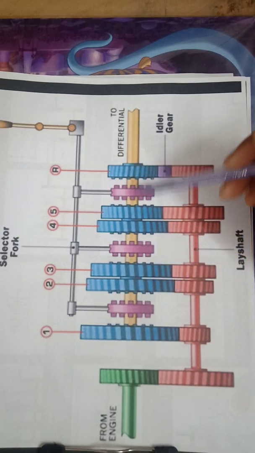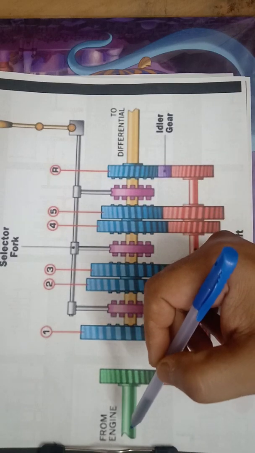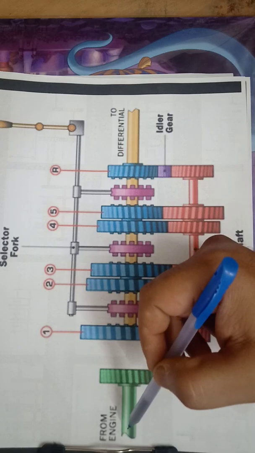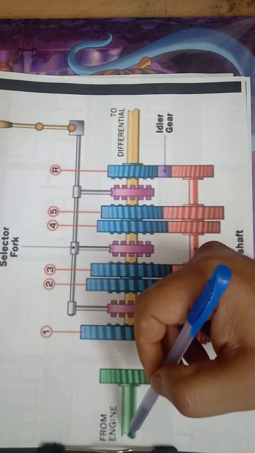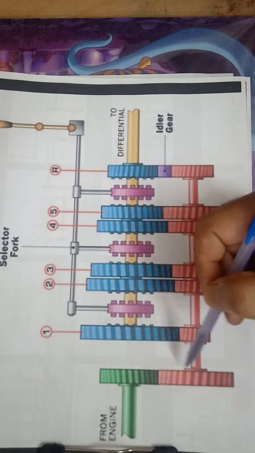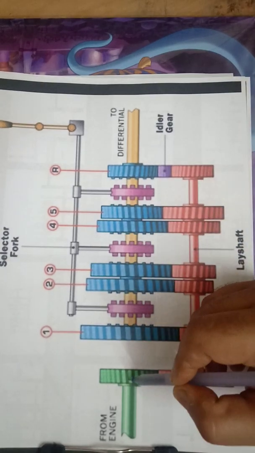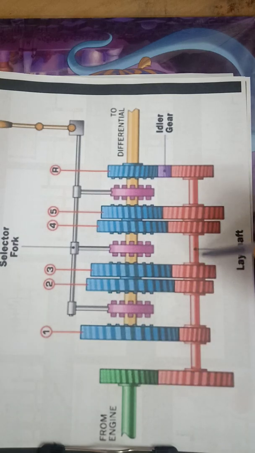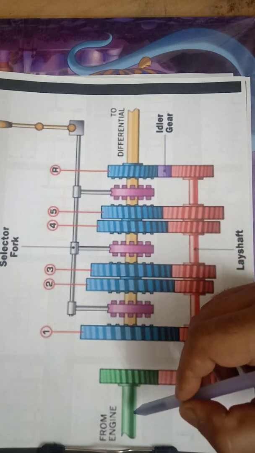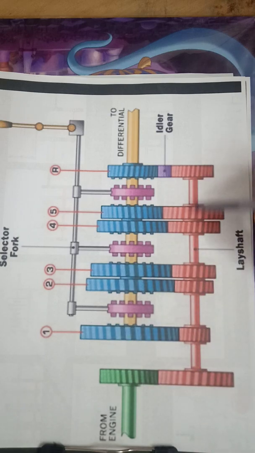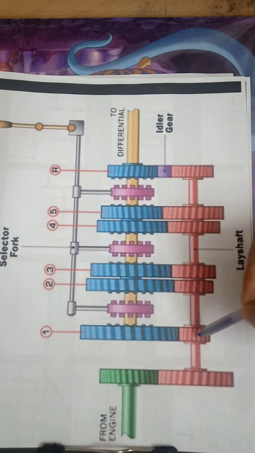So this is the condition. Now, when the clutch is released, the power and torque from the engine are transmitted from this engine shaft to this lay shaft first. When the power is transmitted from the engine shaft to the lay shaft, all these gears on the lay shaft will rotate because they are attached to the lay shaft.